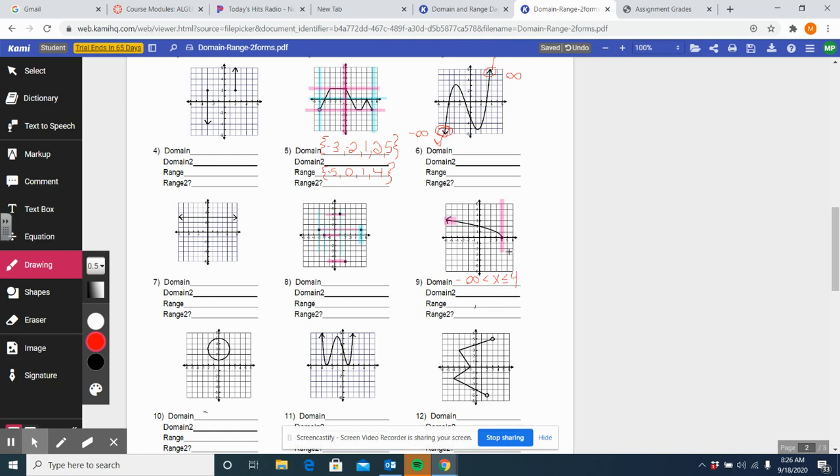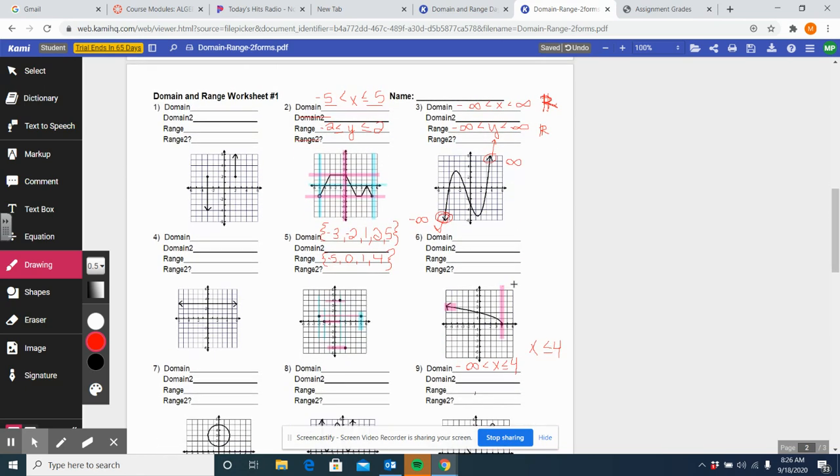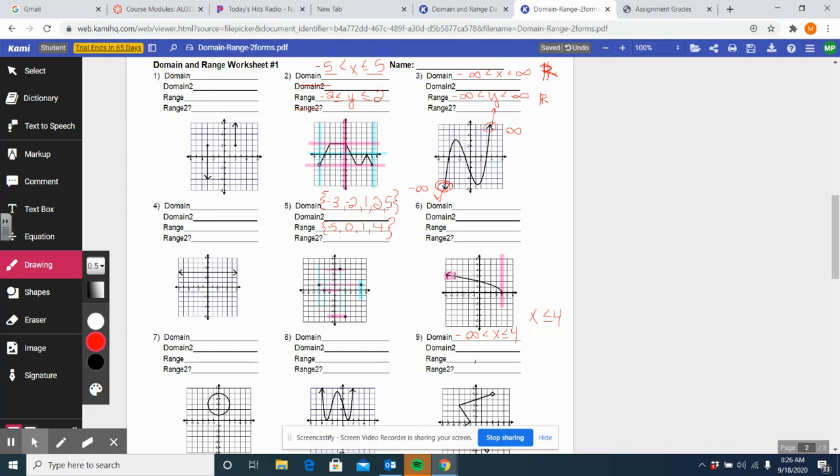Now they can write it like this, or it can be x is all numbers less than or equal to 4, because that's a closed circle, so that's why you get less than or equal to. It's all numbers less than or equal to 4.